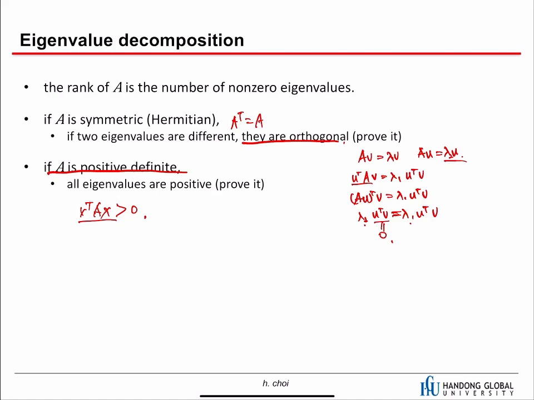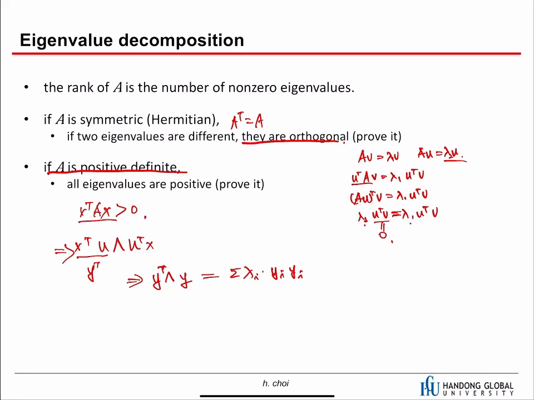Let's rewrite this equation with the eigendecomposition, X transpose U lambda U transpose X. Then let's put U transpose X as Y. So Y transpose lambda Y. And Y transpose lambda Y is actually the sum of lambda i times yi squared. Right.